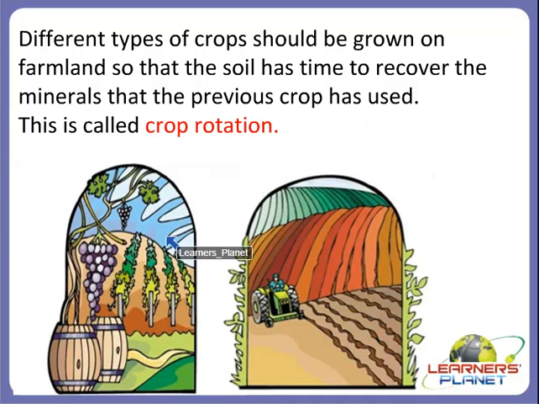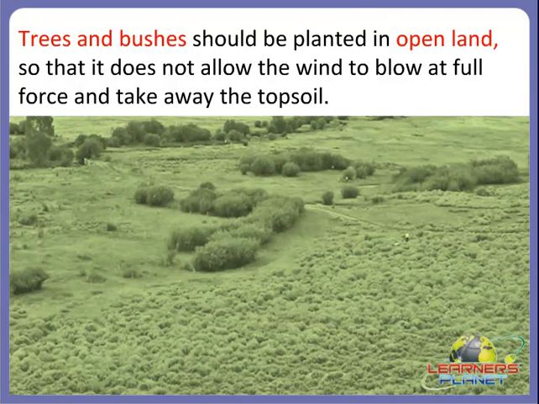And because of this, many different types of crops can be grown on one farmland, and that is why it is called crop rotation. Okay children, then trees and bushes should be planted in open land. As you can see in the picture, this is a picture of an open land.